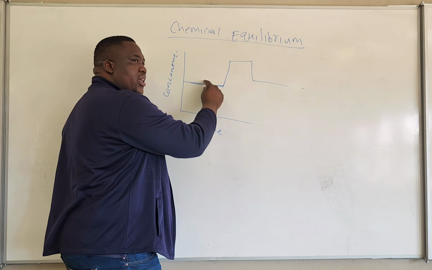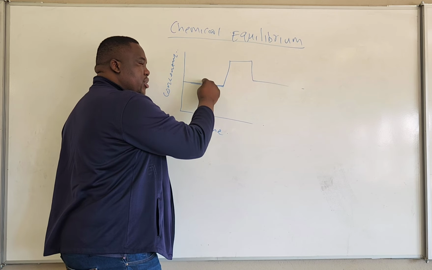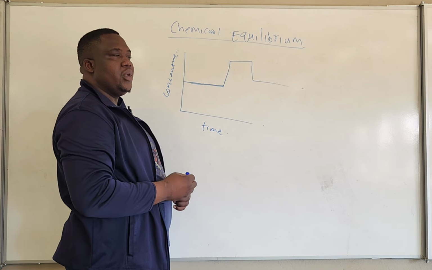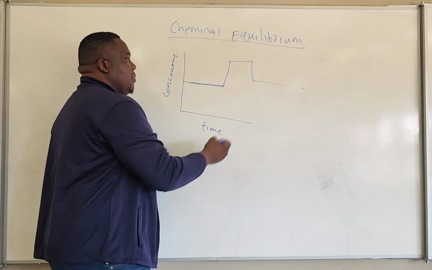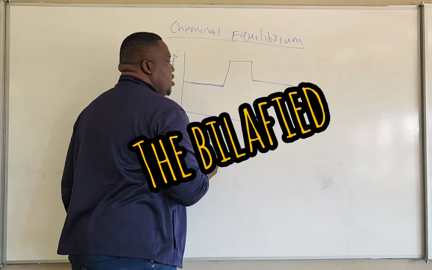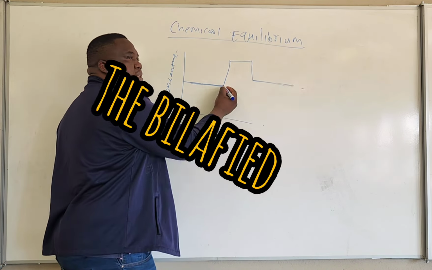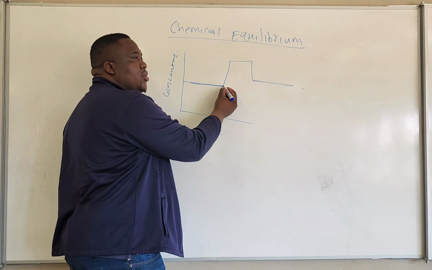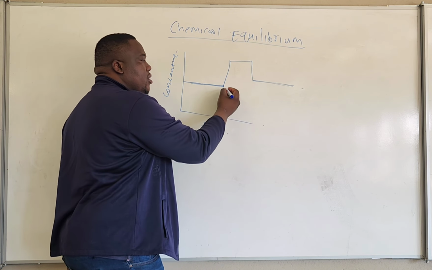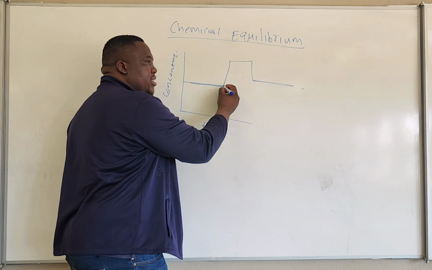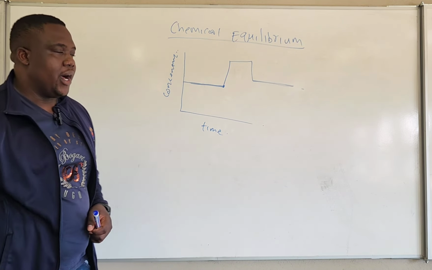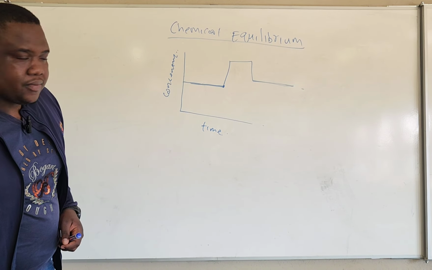Whenever you see a straight line in this topic, notice that the straight line represents chemical equilibrium. But where the line starts to shift, either going up or going down, that represents a disturbance where chemical equilibrium is disturbed.